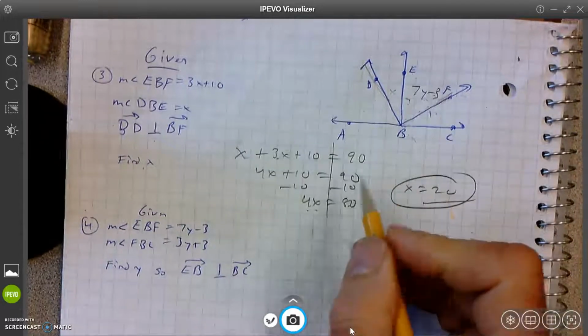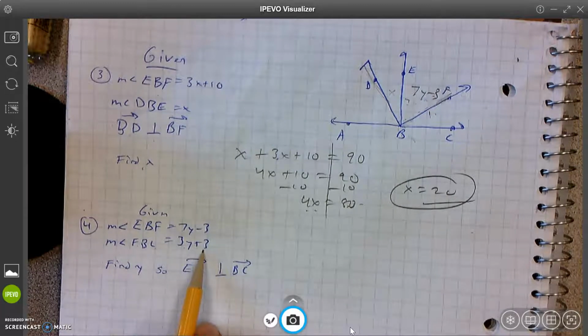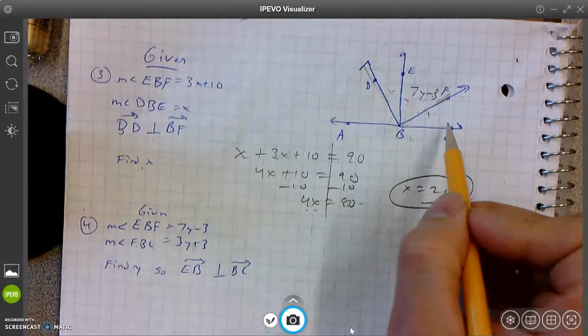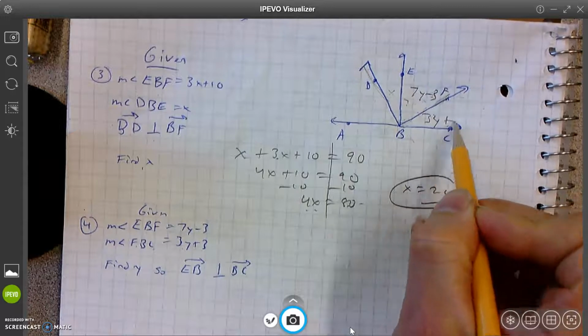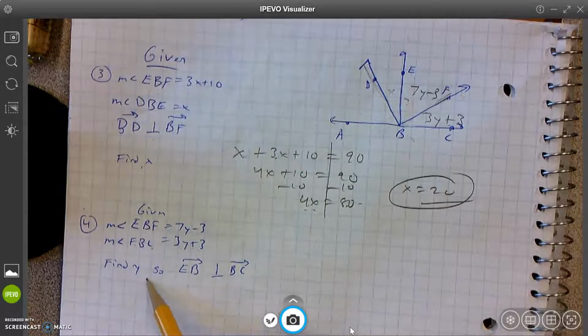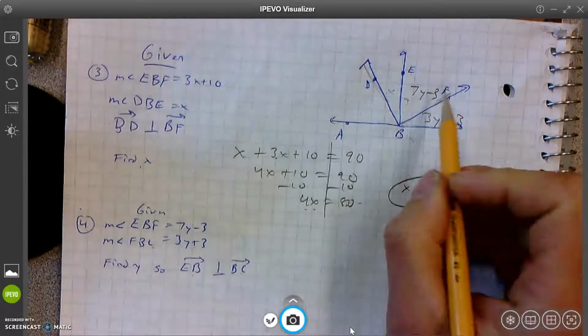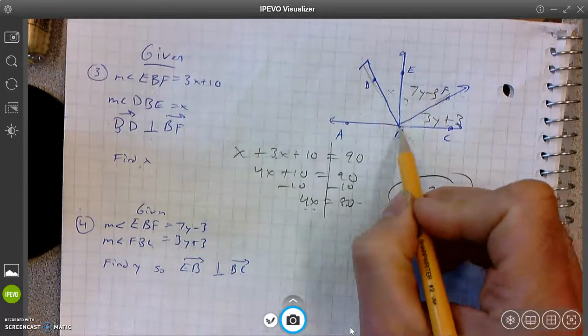Pencil did come in handy. Make sure you got a pencil. Measure of angle FBC is 3y plus 3. So FBC is 3y plus 3. Okay. Find y so that EB is perpendicular to BC. So EB is perpendicular to BC.